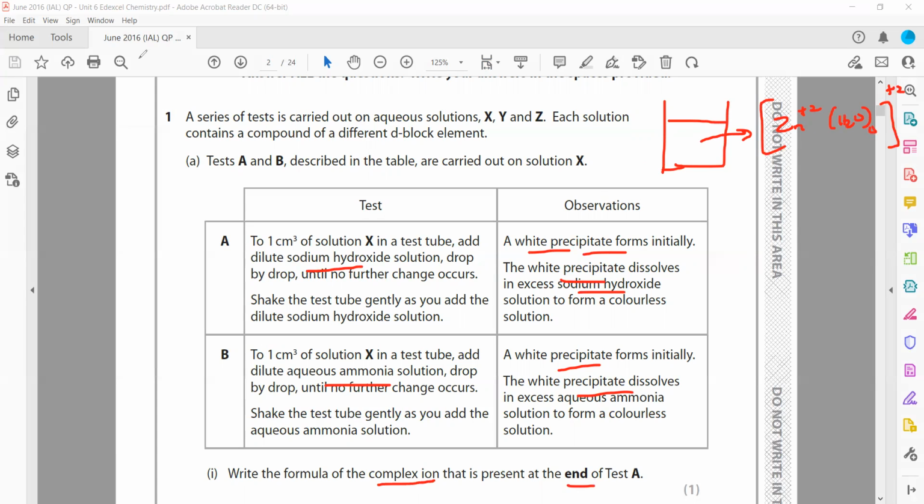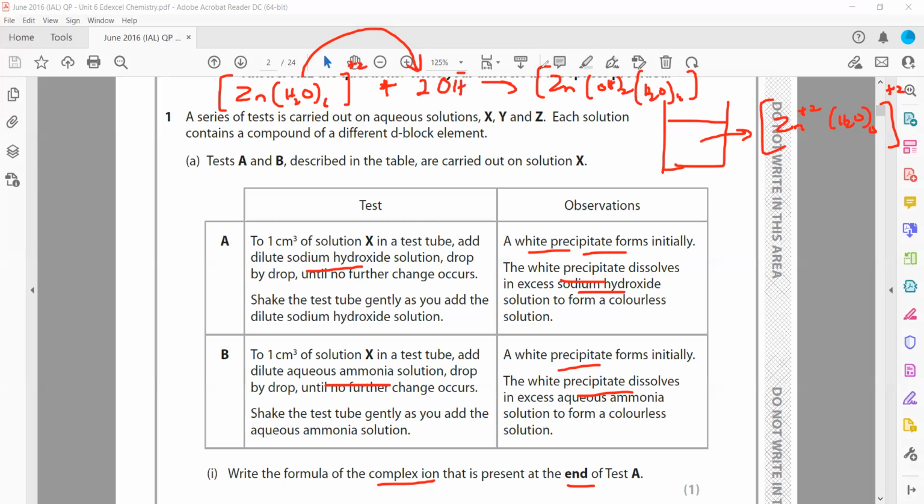When we add sodium hydroxide or aqueous ammonia, there is an acid-base reaction, and two water ligands will donate protons to hydroxide ions. As a result, it will turn into zinc hydroxide plus four extra water molecules. So this will be the formula for the complex, but that is the formula for the precipitate.